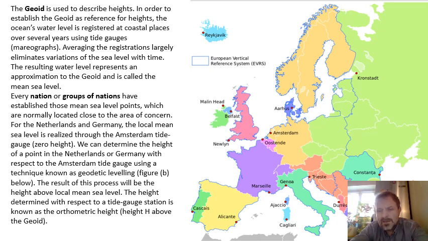Well, in this map, we can see small red points, which show the tide gauges we use as zero points of our height models.